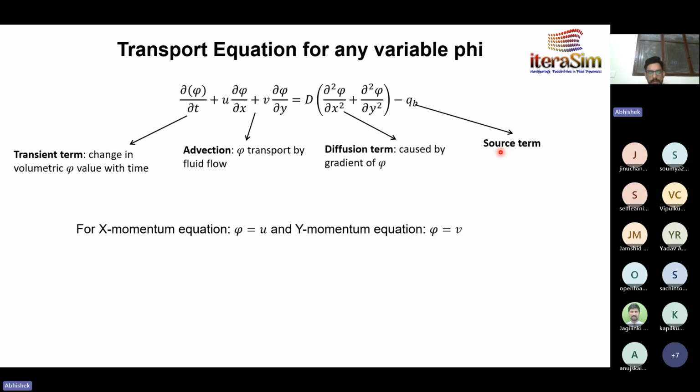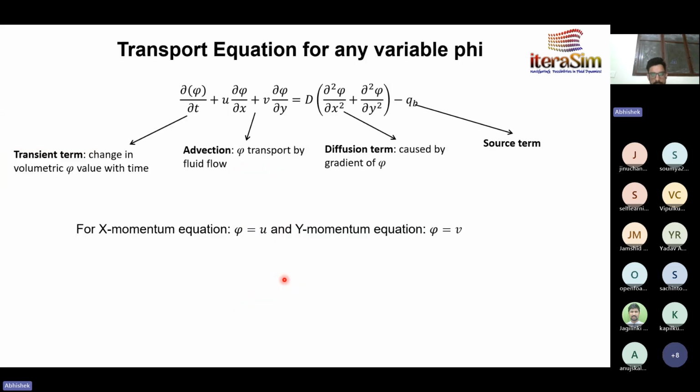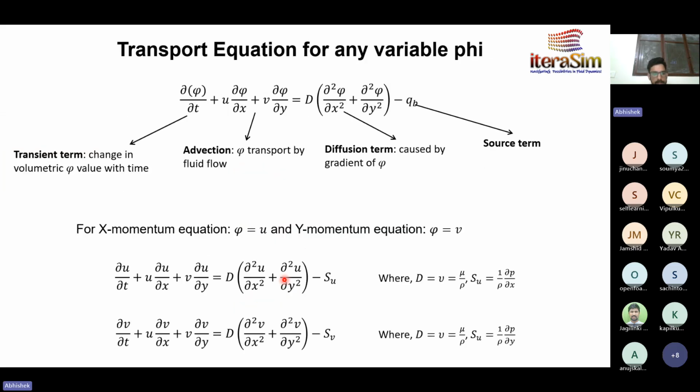Now, for this variable phi, if you consider x momentum, then the variable becomes u. And if you consider y momentum, then the variable becomes v. If you replace phi with u, you get the momentum equations in the x and y directions. And the source terms are like this.